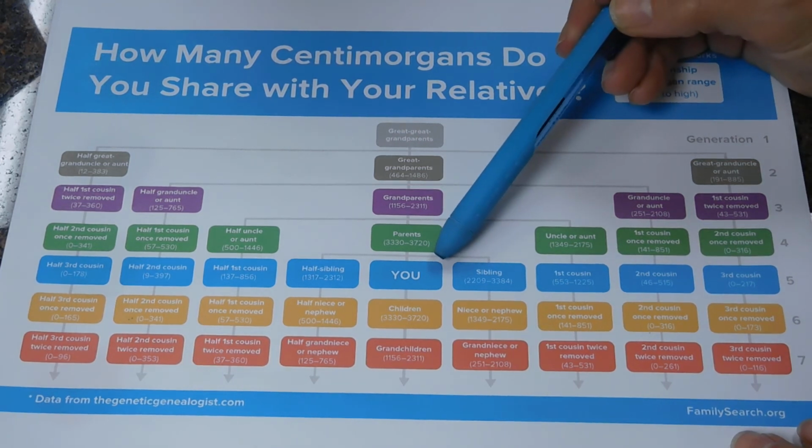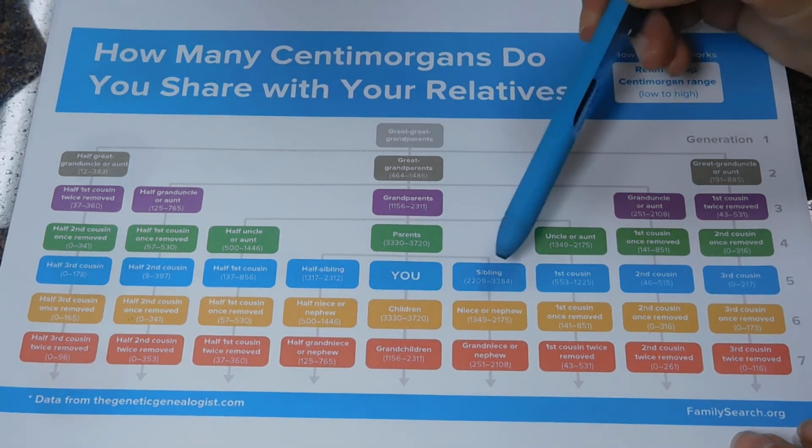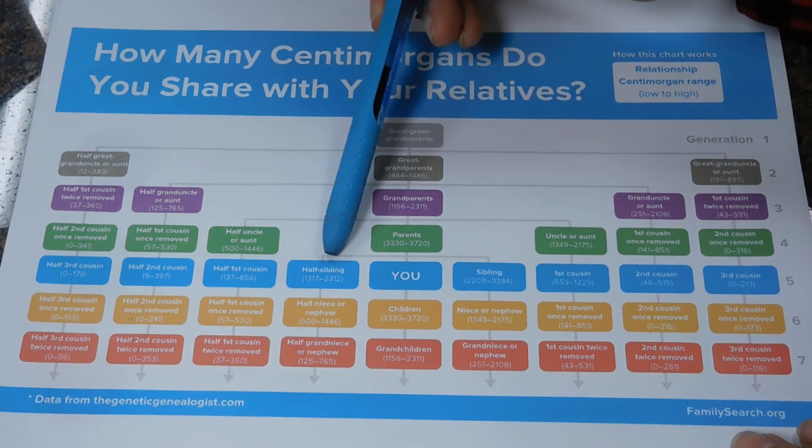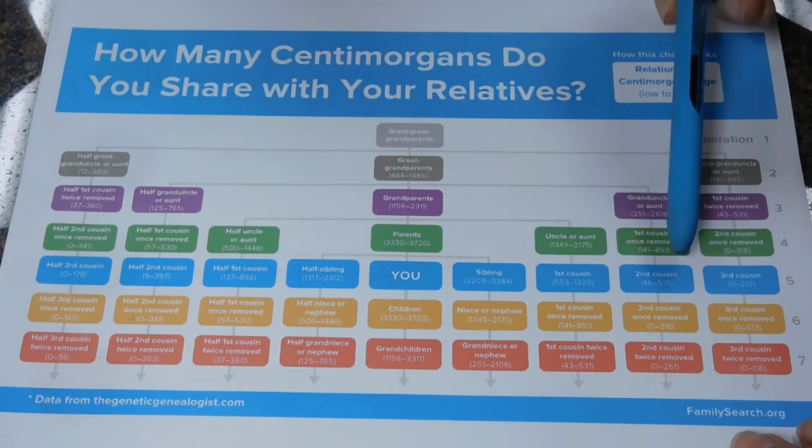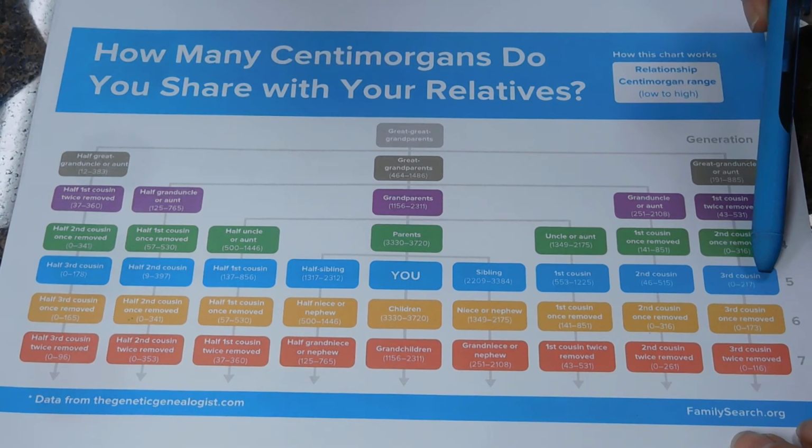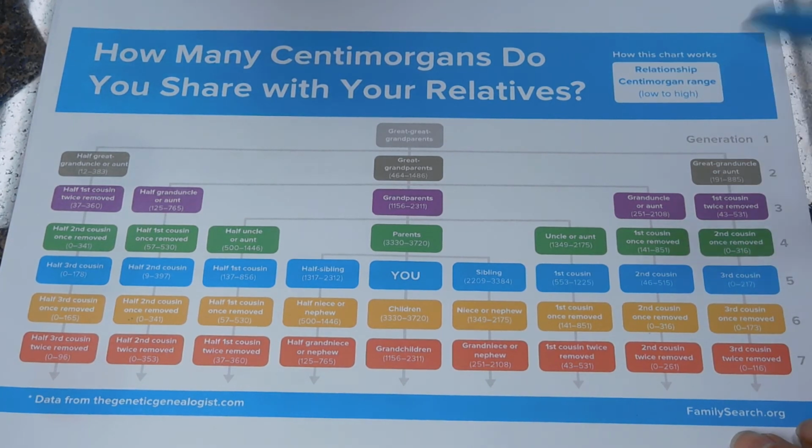So here, the people on the same level are you, your siblings, your half-siblings, your first cousins, your second cousins, your third cousins. Your first cousin once removed would be the child of your first cousin, or the child of any grand uncles or grand aunts or great uncles or great aunts on the family tree.